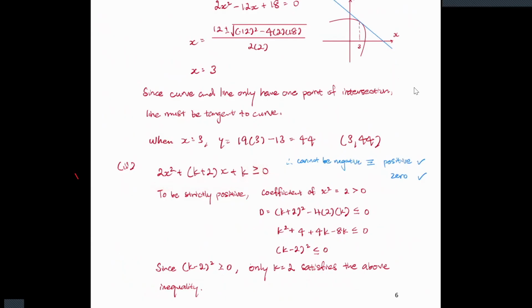A strictly positive polynomial has no intersections with the x-axis. So there are two situations you are combining into one. First one is when it intersects the x-axis, that is when y is equals to 0. Next one is when y is more than 0. That is strictly positive. This comes from the base understanding that when a polynomial cannot be negative, it can either be positive or 0.